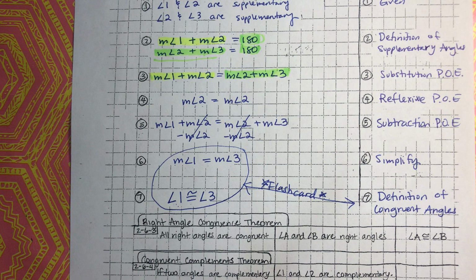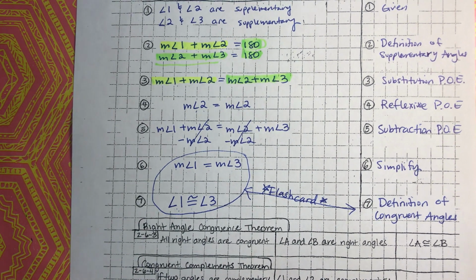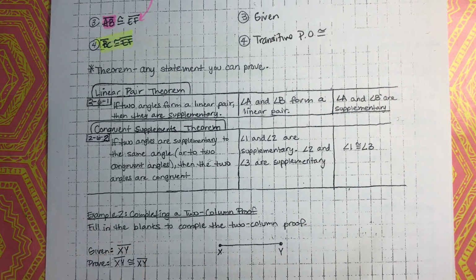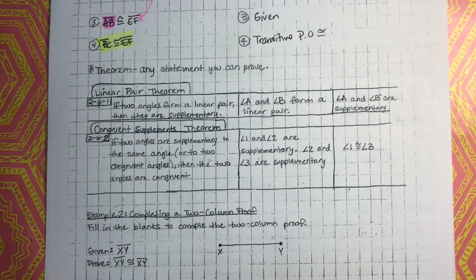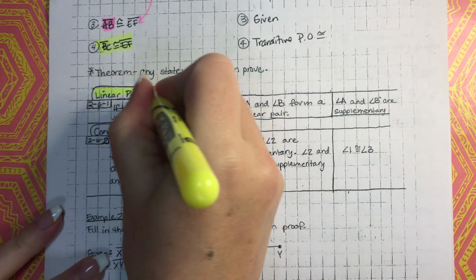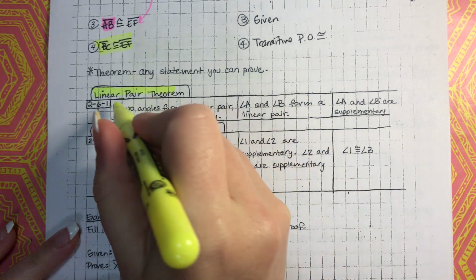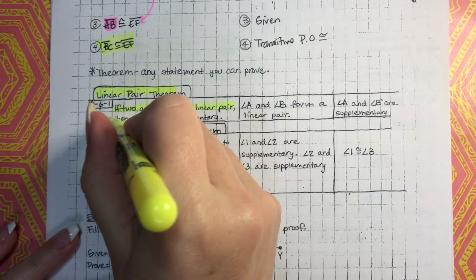So now what I want to do is go over 2 theorems with you. The first one you're going to use a ton. And it is the linear pair theorem. And that says if 2 angles form a linear pair, then they are supplementary.